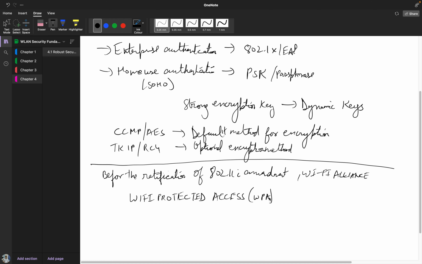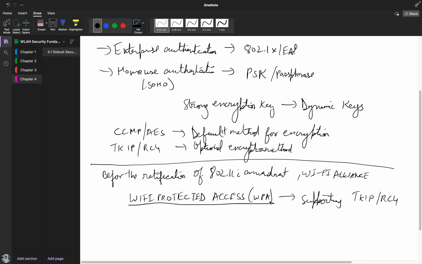This was a snapshot of what is about to follow, and it shows that only TKIP, RC4, dynamic encryption key generation is supported. So this WPA, which was introduced by the Wi-Fi Alliance before the ratification of 802.11i, only supports TKIP dynamic key encryption, right?